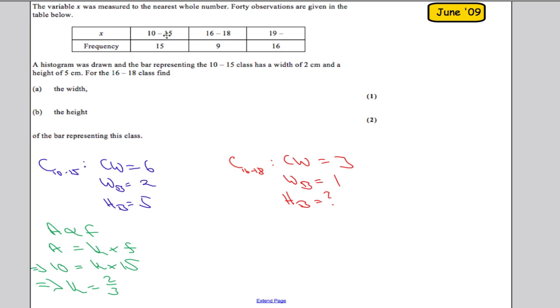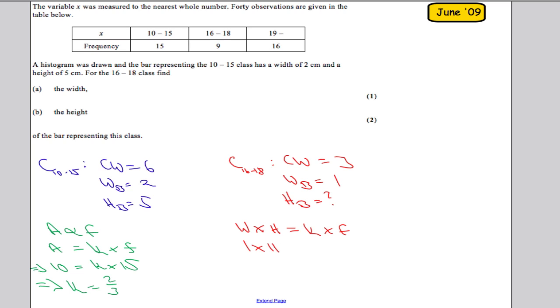And referring back to our table here, we know that the area is proportional to the frequency. So that means the area, which is going to be the width times the height, must equal some constant k, which we've already worked out, multiplied by the frequency for that particular group. The width we know is 1.